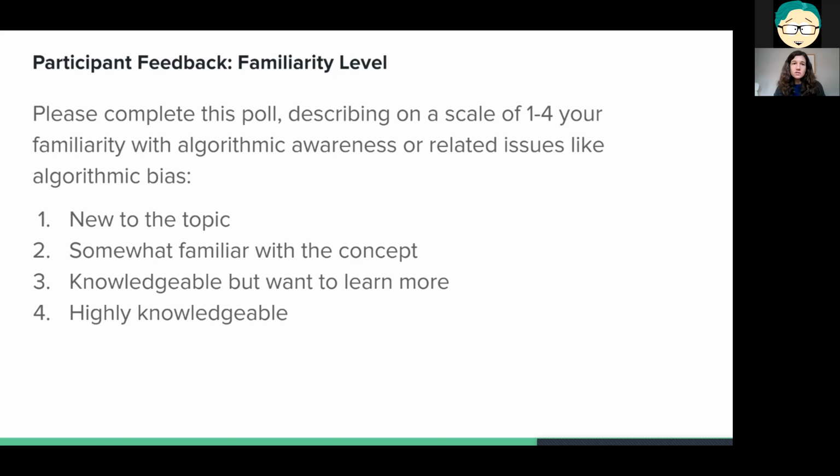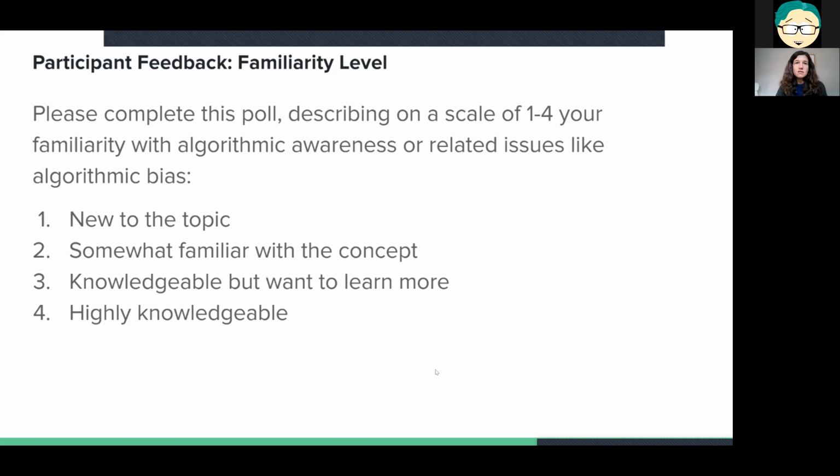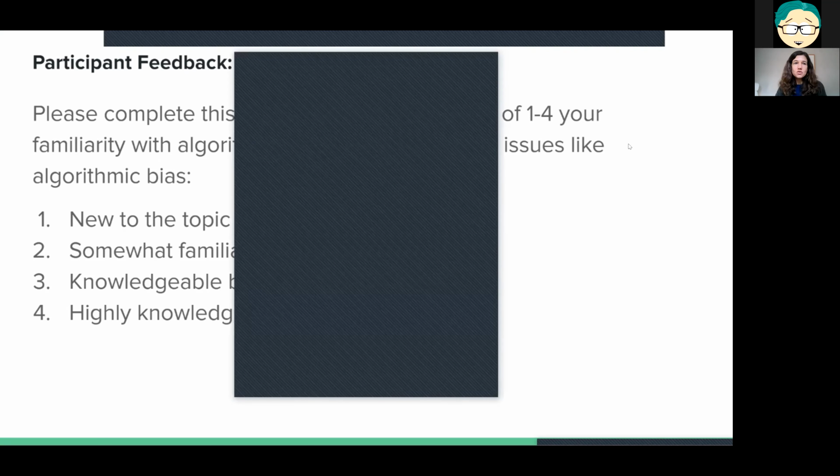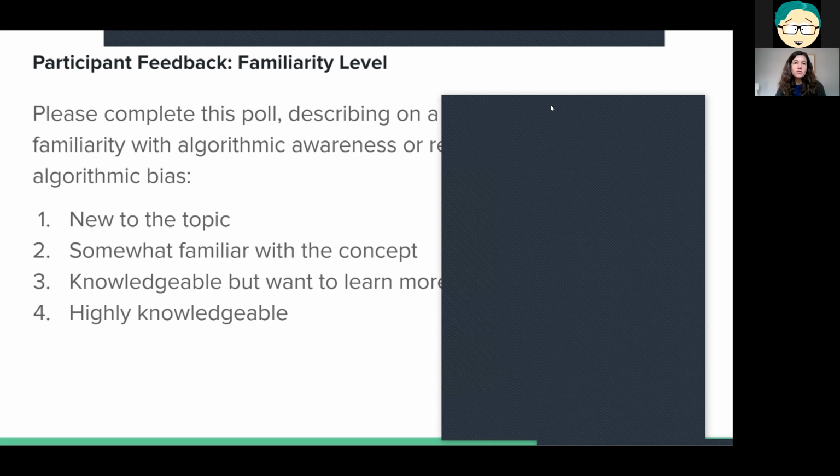Also, to get us started, I'd like to have some sense of people's background and interest in this topic. So if you could complete a short poll that April is going to launch. This is just getting your familiarity level. If you can describe how familiar you are with algorithmic awareness or related issues like algorithmic bias. So 1 is new to the topic, 2 somewhat familiar with the concept or topic, 3 knowledgeable but want to learn more, and then 4 highly knowledgeable.